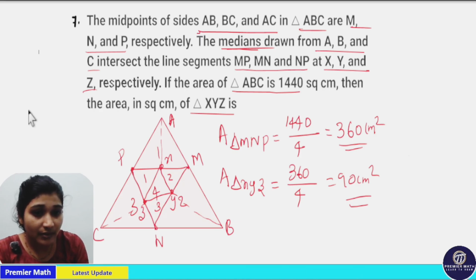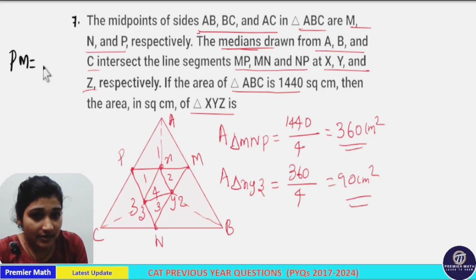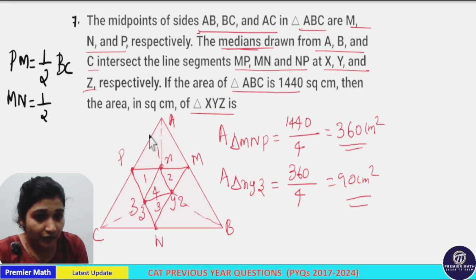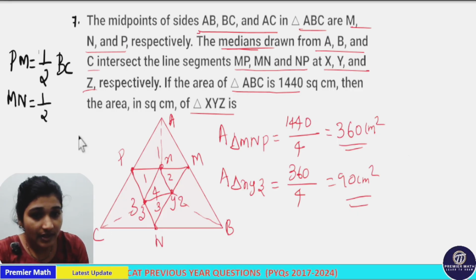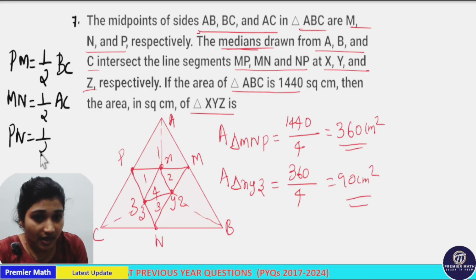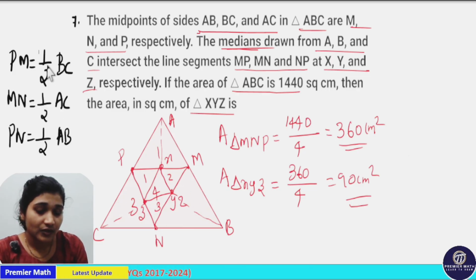That is, here PM is half of its third side BC, and MN is half of its third side AC, and here PN is half of its third side AB. So with this, you can form a relation of area.